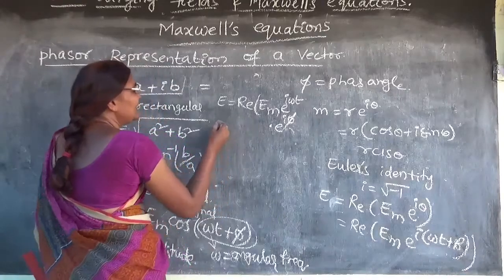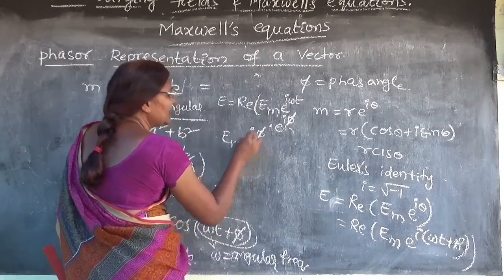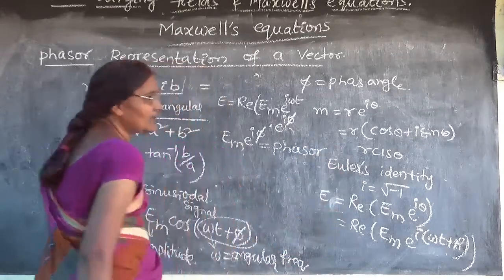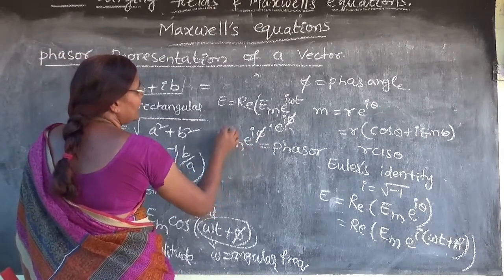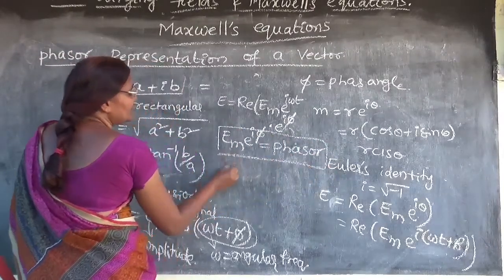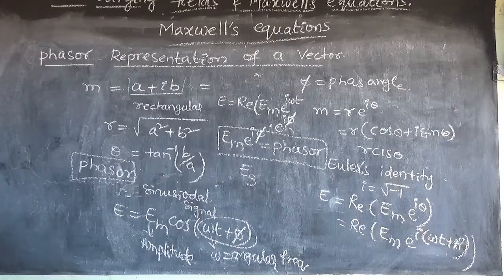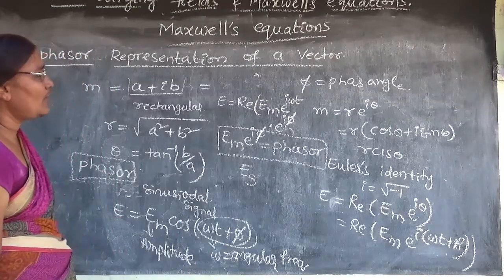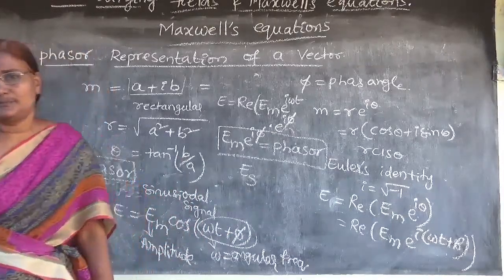And this Em into e to the power of i phi is called a phasor of the wave. So Em e to the power of i phi is called the phasor, which is represented with Es. So this is the information about phasors, and now we will go for problems. We will do two or three problems so that we conclude this chapter.